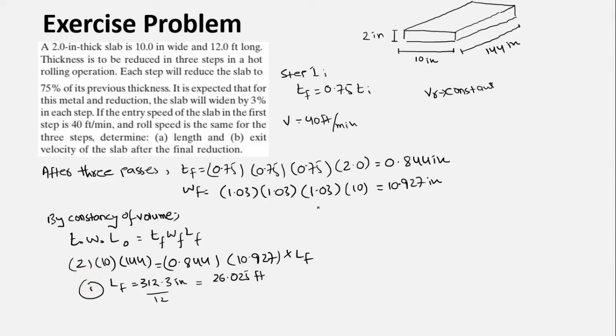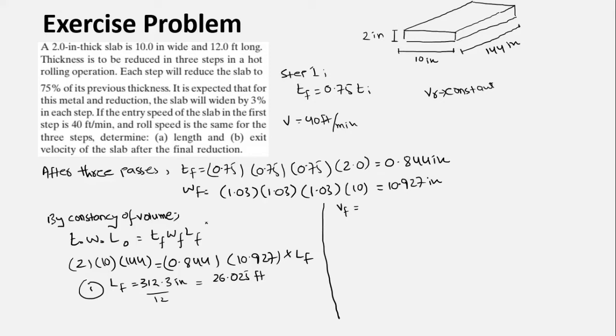Now this is the first part which we have solved. Now it says determine the exit velocity of the slab after the final reduction. So after the final pass, determine the exit velocity. So we have VF, right? As we know, by constancy of volume, we can convert into the initial velocity and the final velocity.